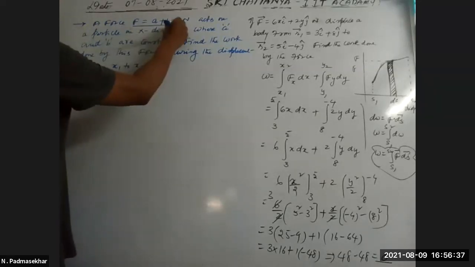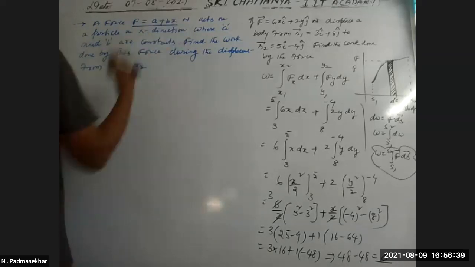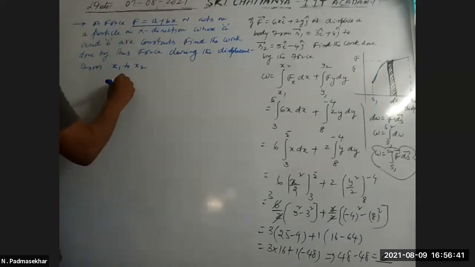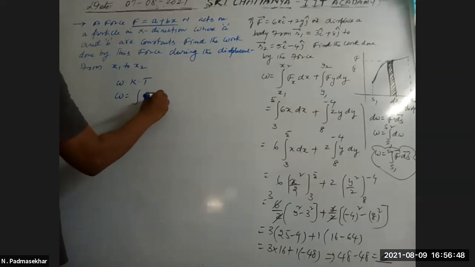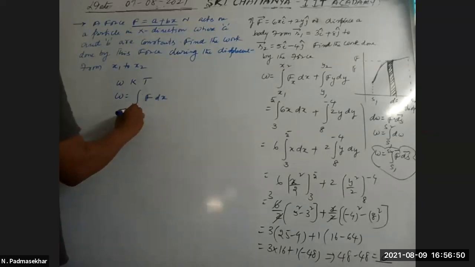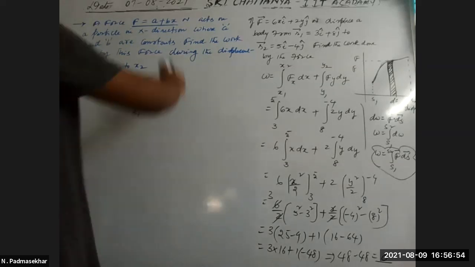And see, this is the force. Force is equal to this one. So we know that W is equal to integral F dx from x1 to x2. That is a variable force.